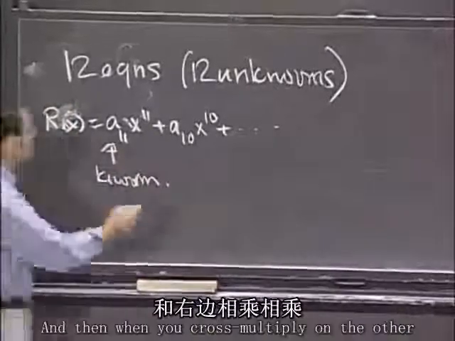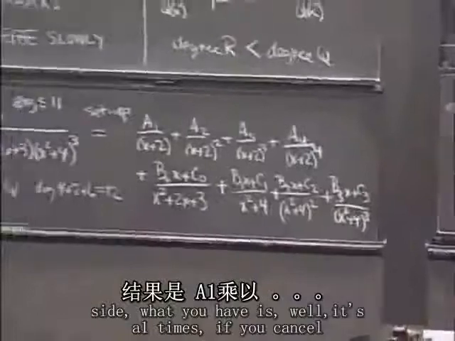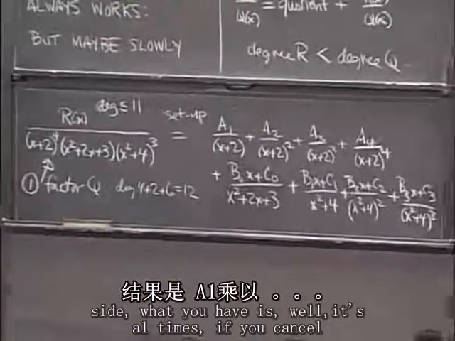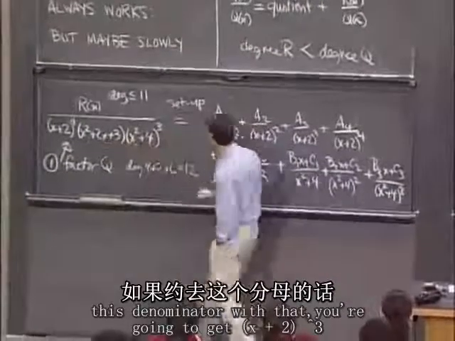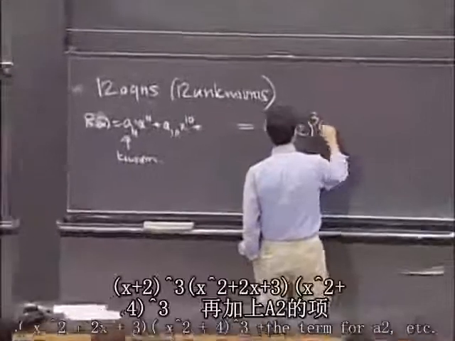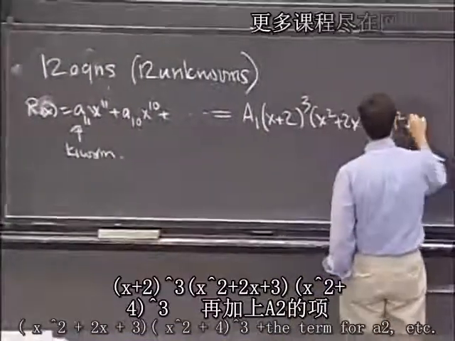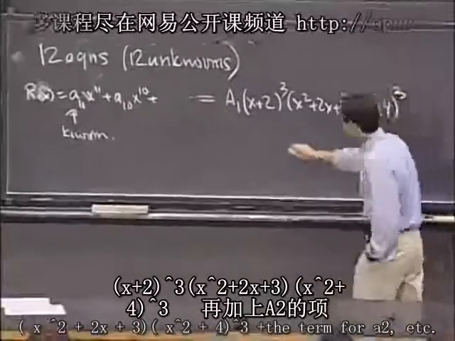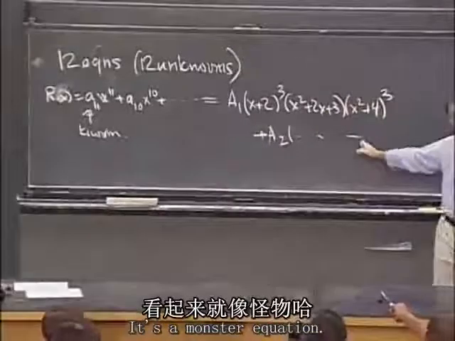And then when you cross multiply on the other side, you have a1 times, if you cancel this denominator with that, x plus 2 cubed, x squared plus 2x plus 3, x squared plus 4 cubed, plus the term for a2, etc. It's a monster equation.